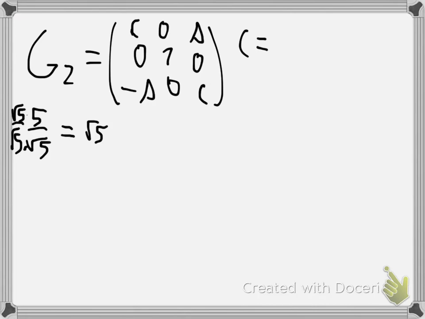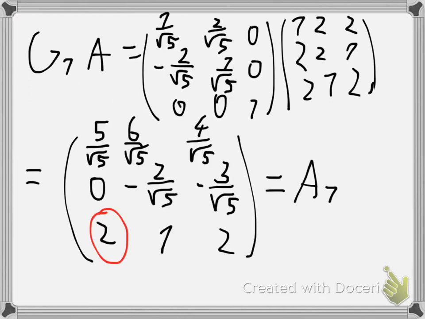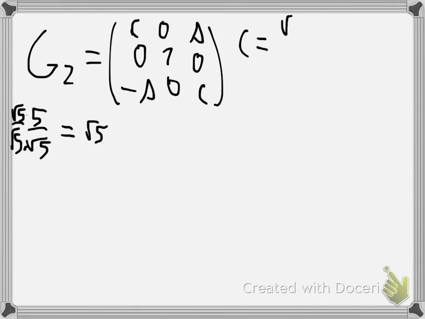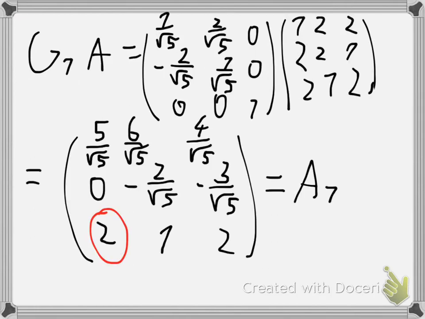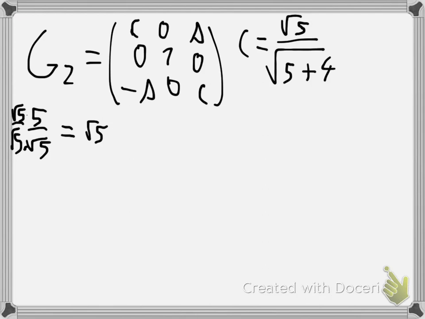So that makes things a bit easier. So we will get the top element, so square root of 5, over the square root of that element squared, so 5, plus the element you want to eliminate squared, so 2 squared, so 4. Okay, so it will be square root of 5 over square root of 9.